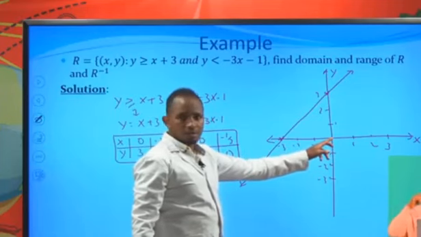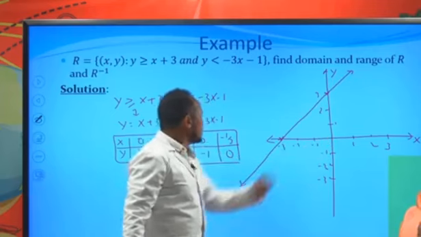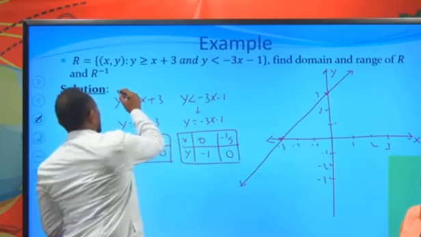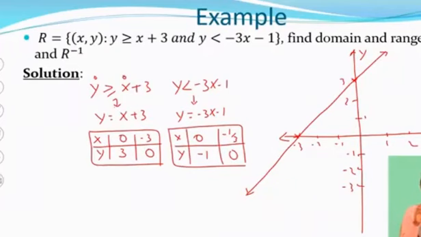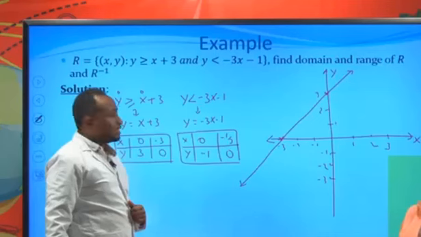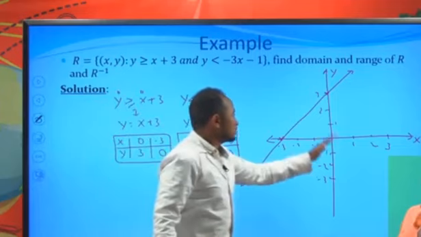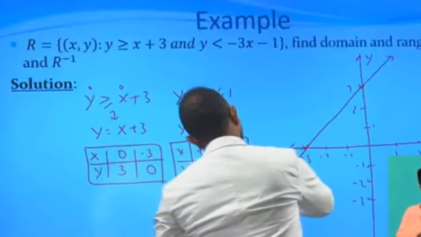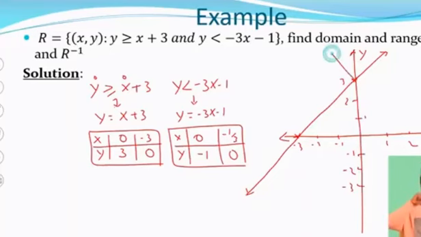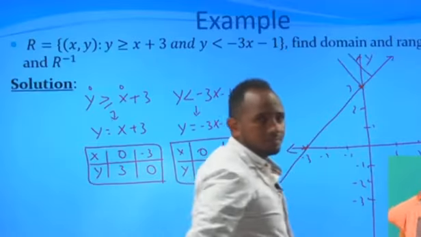Taking the origin as a test point, put 0, 0 here. 0 is greater than or equal to 0 plus 3. It is wrong. This part is not part of our graph. It is the other side. Therefore, the shaded region will be above this line.